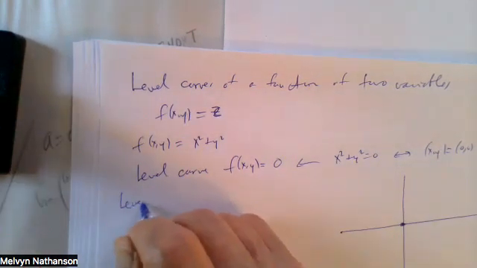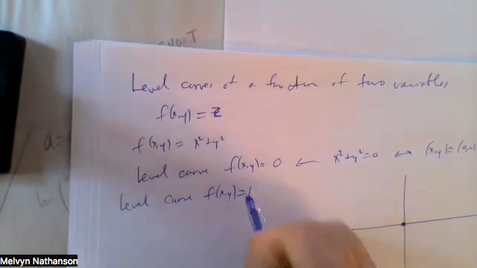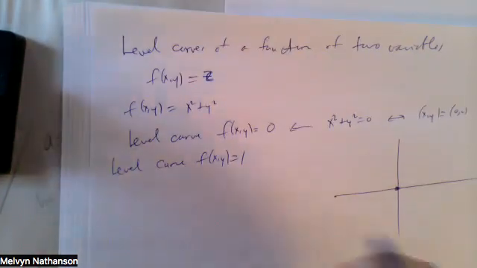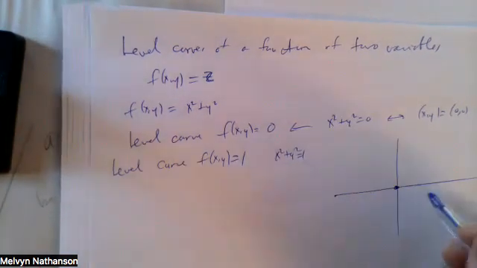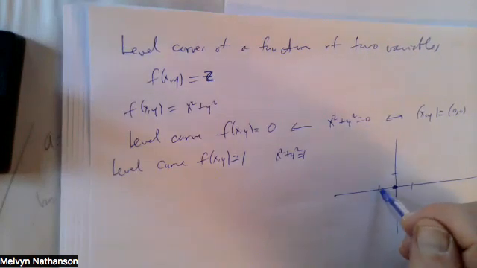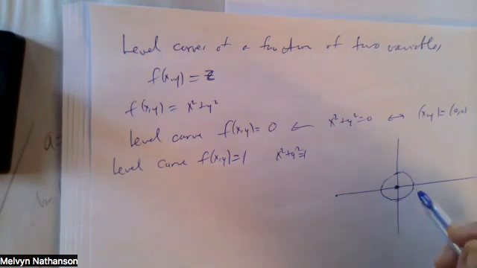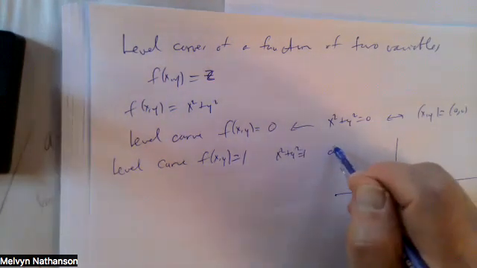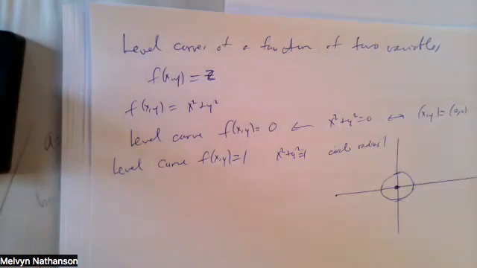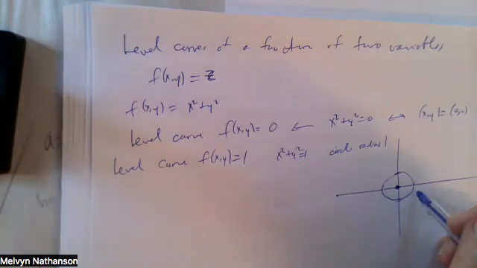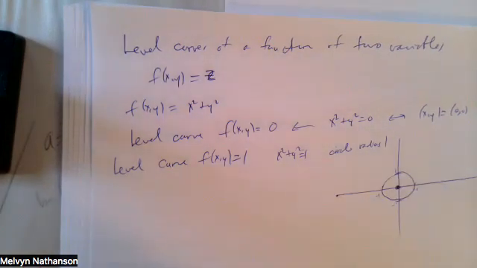What about the level curve f of x, y equals 1? That's all points where x squared plus y squared equals 1. That's the circle of radius 1. That's the level curve, f of x, y equals 1.